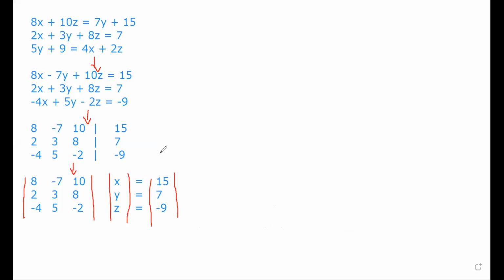So from this step, now we're going to create matrix D, which is equal to 8, minus 7, 10, 2, 2, 3, 8, minus 4, 5, minus 2.